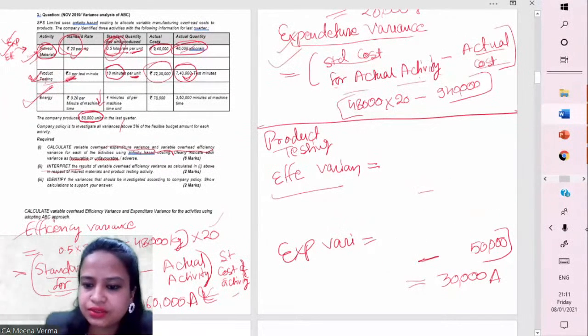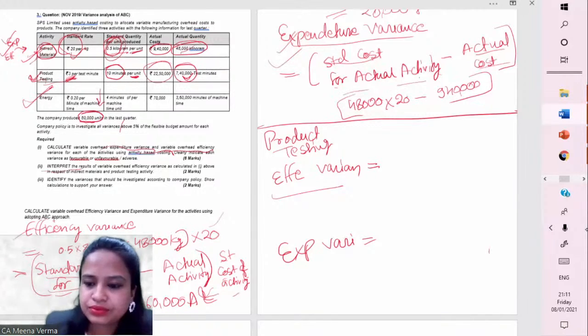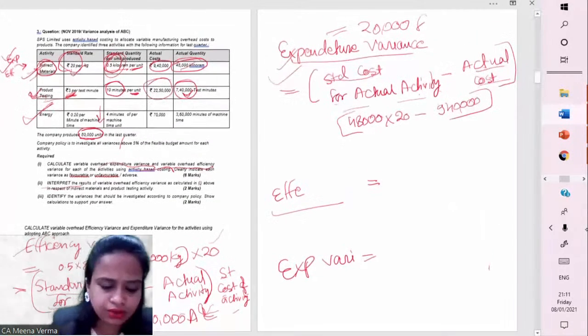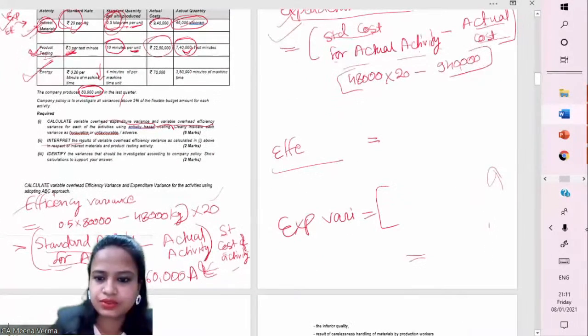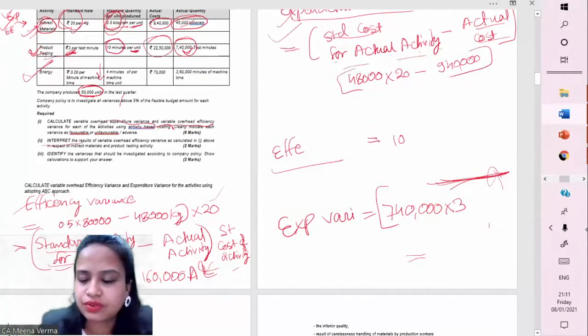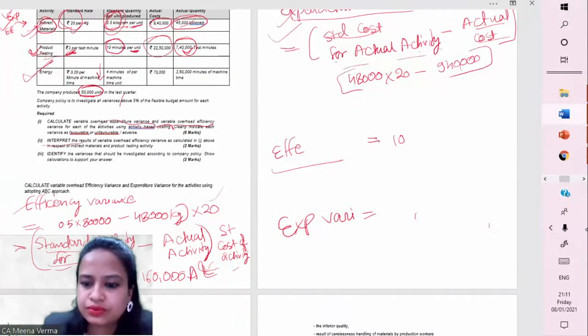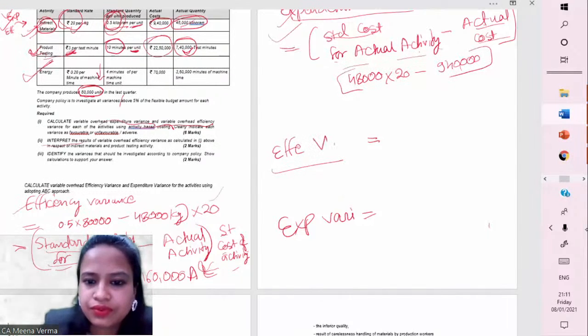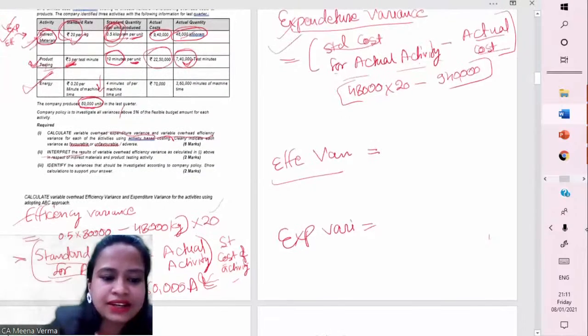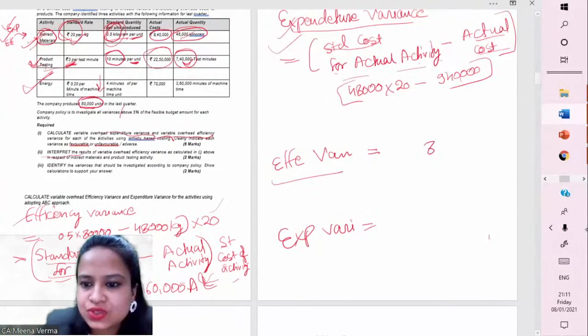I'm writing it here. See, efficiency variance: standard activity for actual output. Your actual output is 80,000 units.